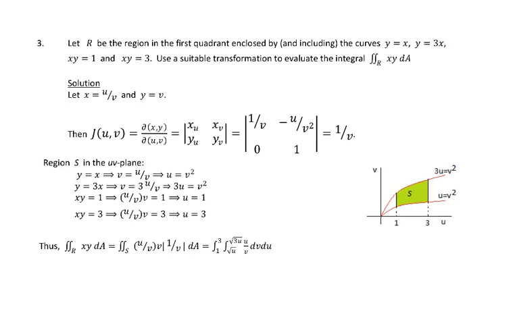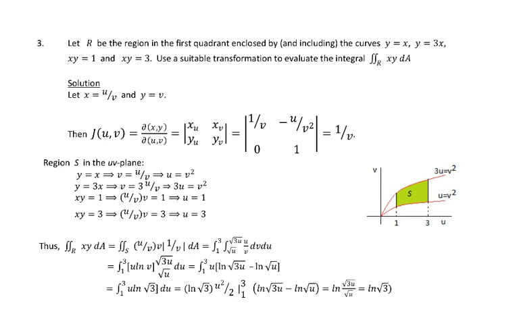We can now convert the double integral over the region R to the double integral over our new region S. Remember that you have to add the absolute value of the Jacobian. The inner integral here is the integral of u divided by v with respect to v, which yields u times ln of v. You then have to substitute the boundaries.